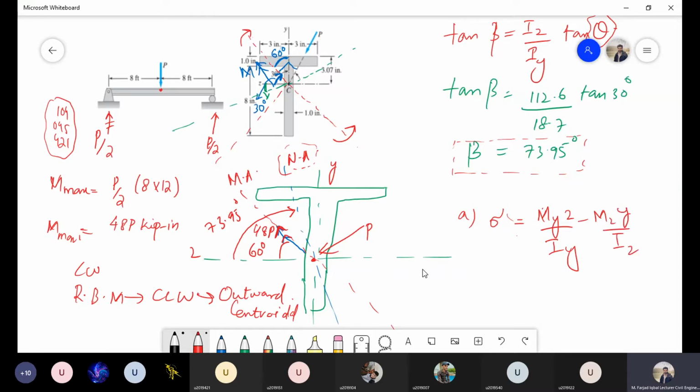Now this is my equation for bending stress. In this equation, I need first two things. One is My, the other one will be Mz. So can anyone tell me what will be My?